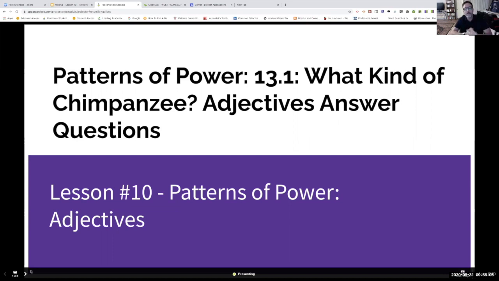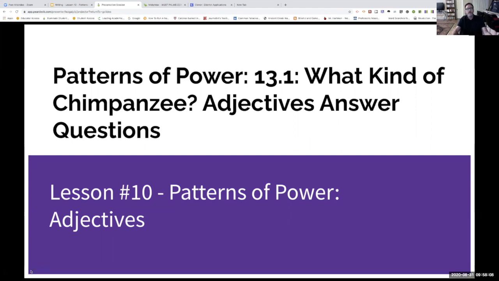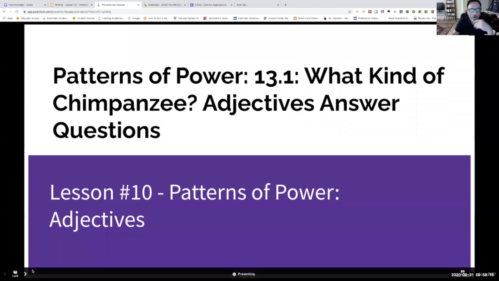So another thing in a writer's toolbox is adjectives. And we know from grades past that adjectives are words that describe nouns. So we're going to take a brief look at adjectives today, what they are and how to use them.